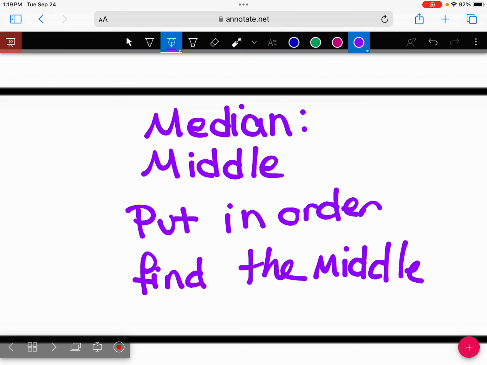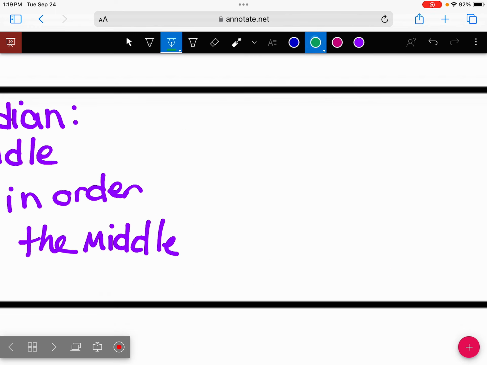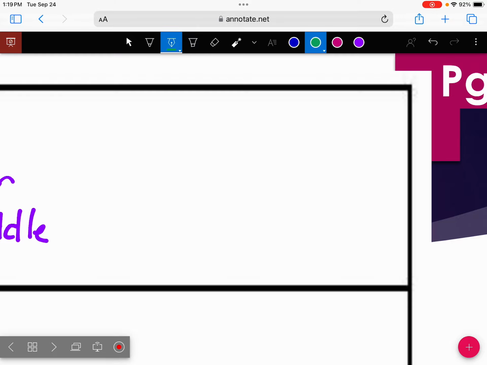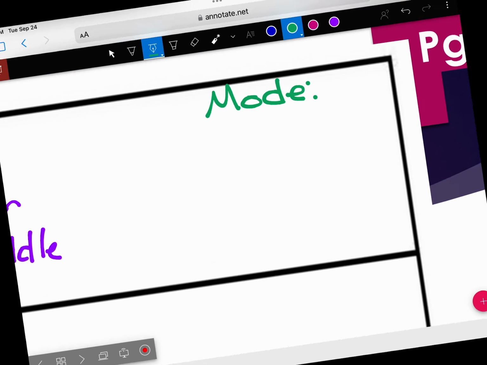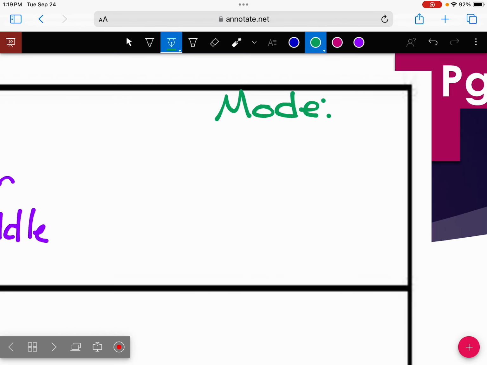So a lot of us, when we said mean and then median, had one more word that popped into our head. What was that last word? Mode. What is the mode? What does the mode mean? So mean was our average.